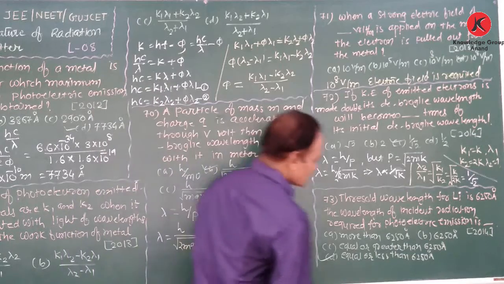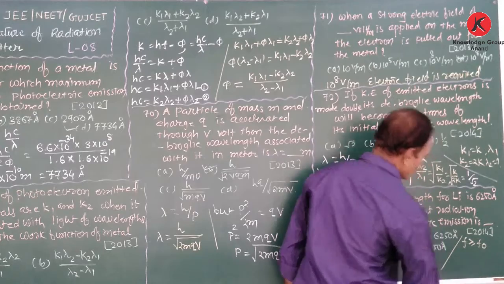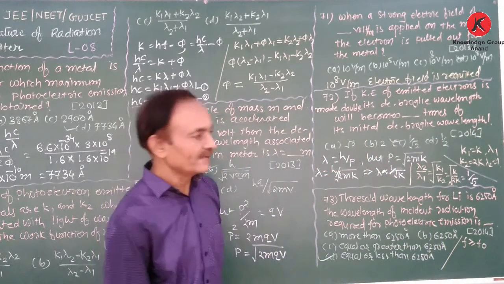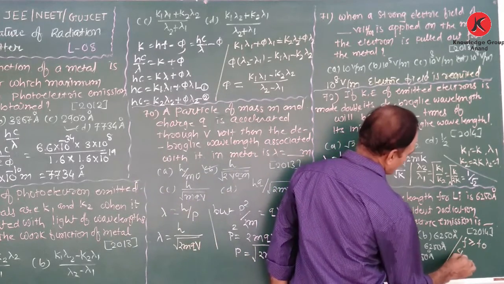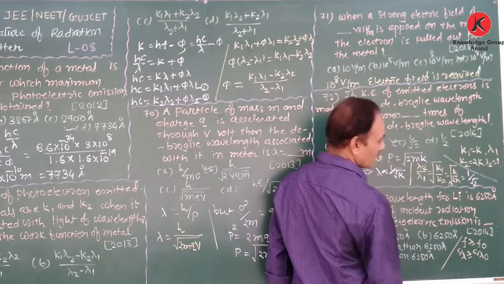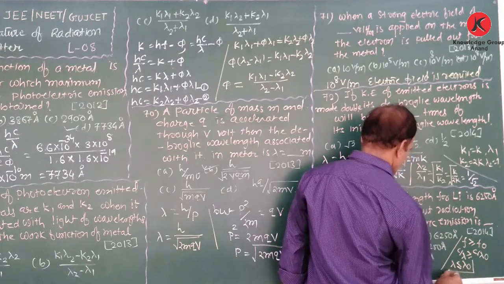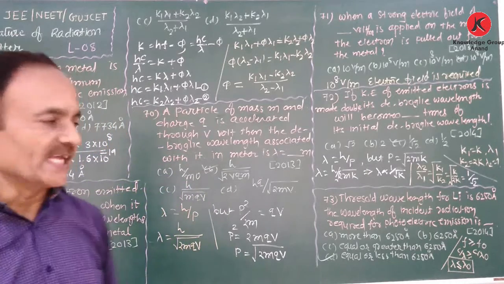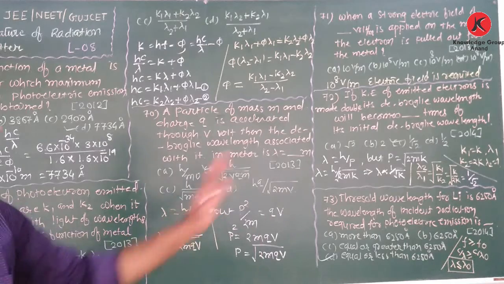It means f is greater than or equal to f0. But here we have to derive this condition in terms of wavelength. Therefore, c upon lambda is greater than or equal to c upon lambda 0. Therefore, lambda must be less than or equal to the threshold wavelength.